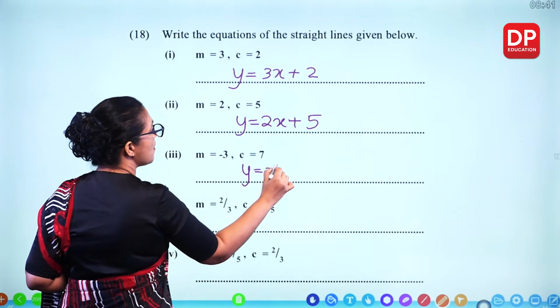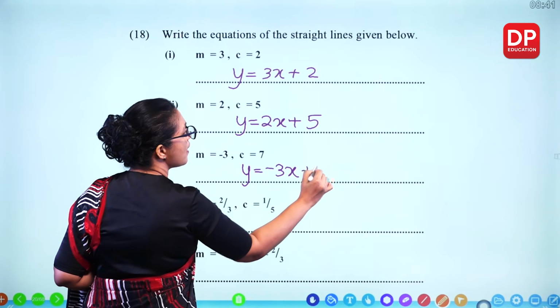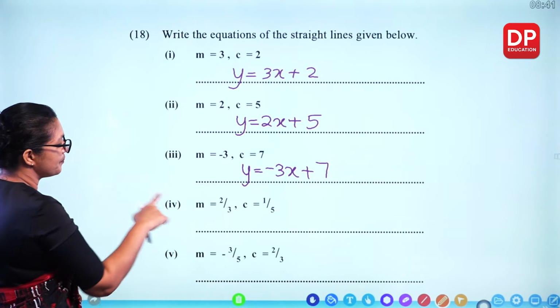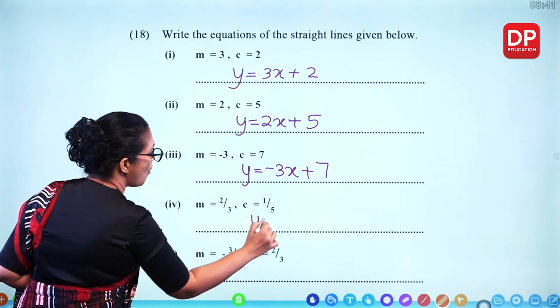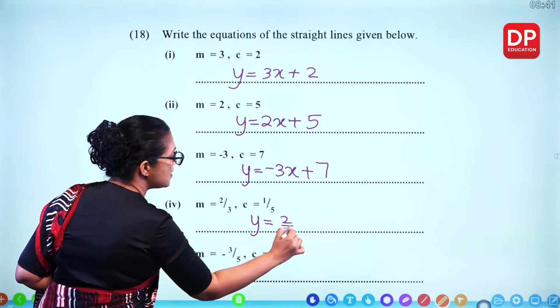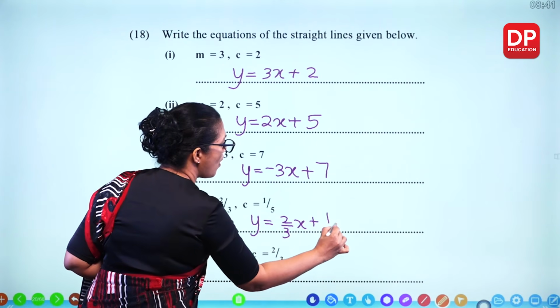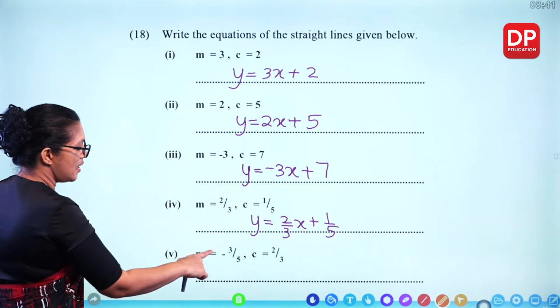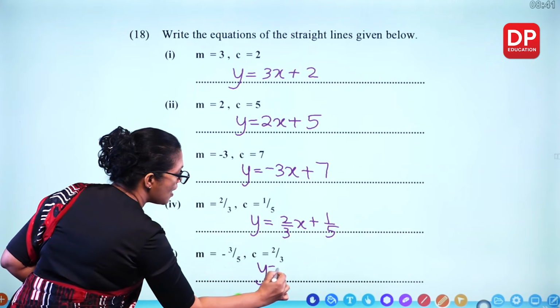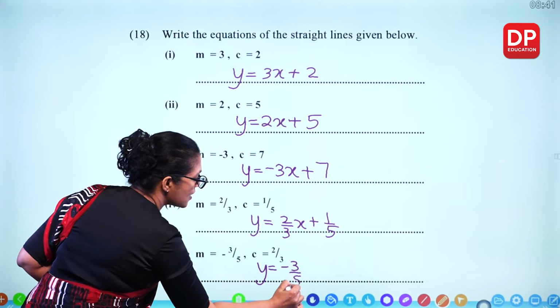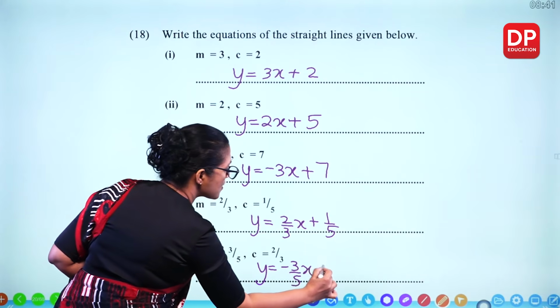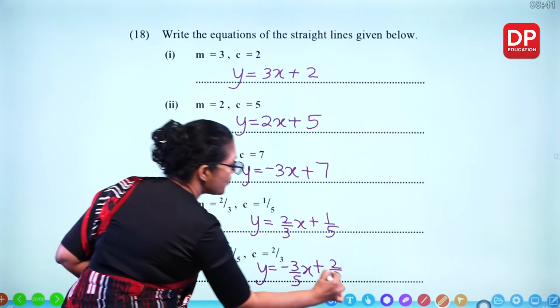Y equals minus 3x plus 7. Here a fraction. Y equals 2/3 x plus 1/5. Here y equals minus 3/5 x plus 2/3.